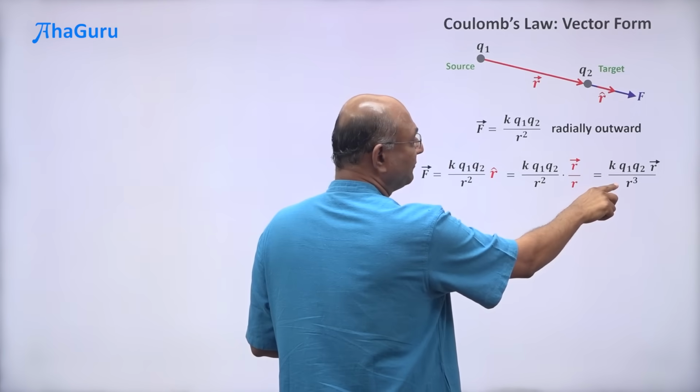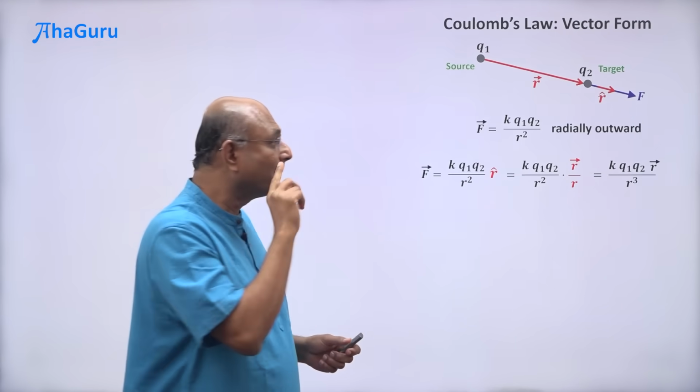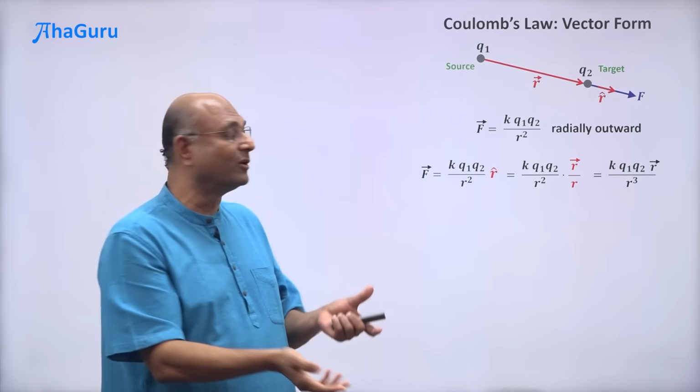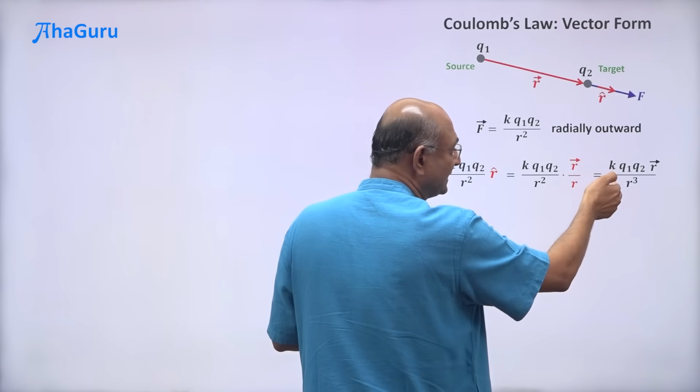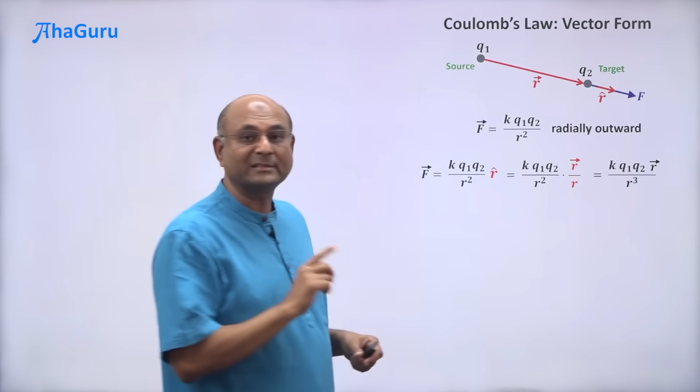But if R becomes 1000, this will become 1000 cube, whereas this will be only 1000 square. But remember that R vector is also going to be 1000 times, no? So that R and this R cube will cancel out and then you will end up with R square.